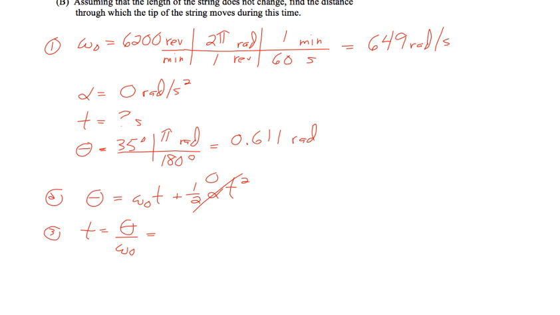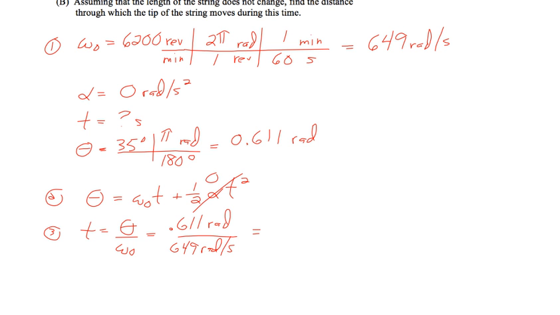So theta is 0.611 radians and omega naught is 649 radians per second. So we're going to get a very small number. What do you get for the time there?